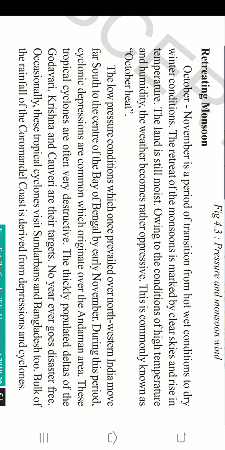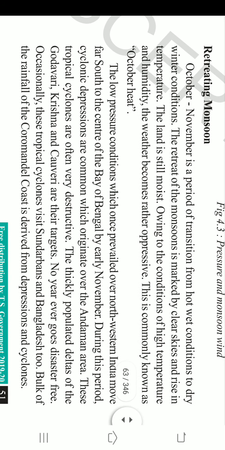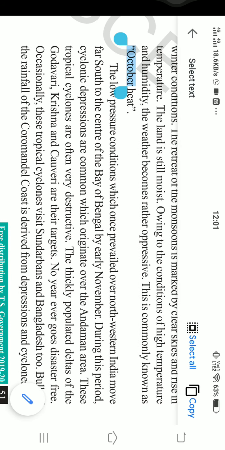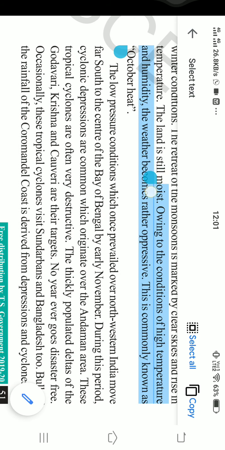So, owing to the high temperatures and high humidity, the weather becomes very oppressive, and that is called October heat. Dear students, I am focusing on this point. If the question is asked in the examination, what is October heat, then you should write: October, November is a period of transition.